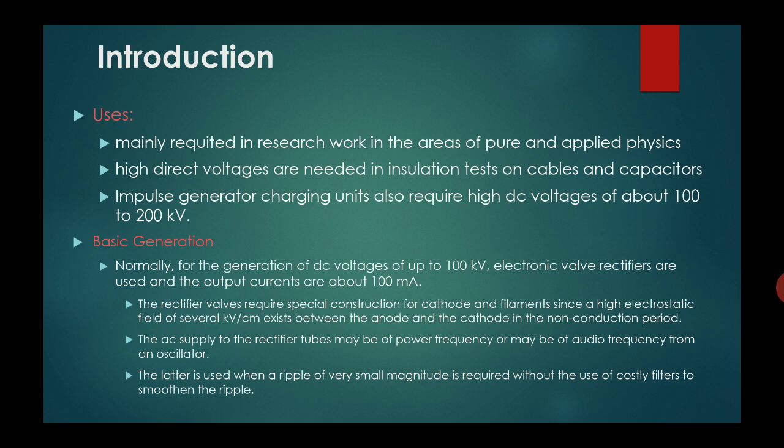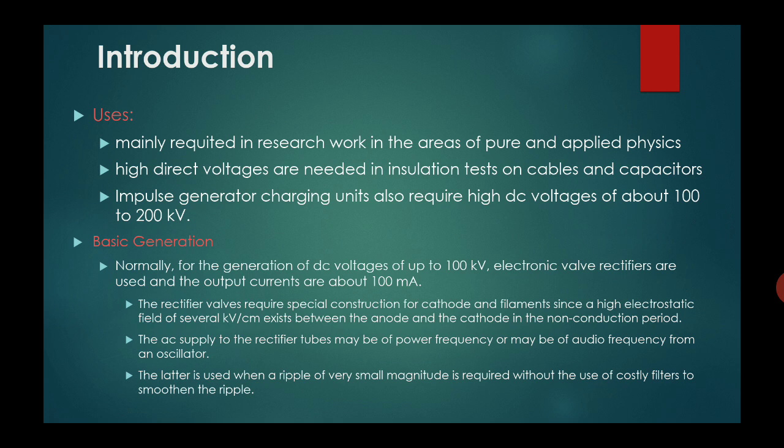The audio frequency is a high frequency value. So when do we require a high frequency value? When we require a very small ripple. Ripple is what we have whenever you convert an AC to DC. AC is an alternating voltage, so when it is converted to DC, it does not give you a purely horizontal straight line as in DC.